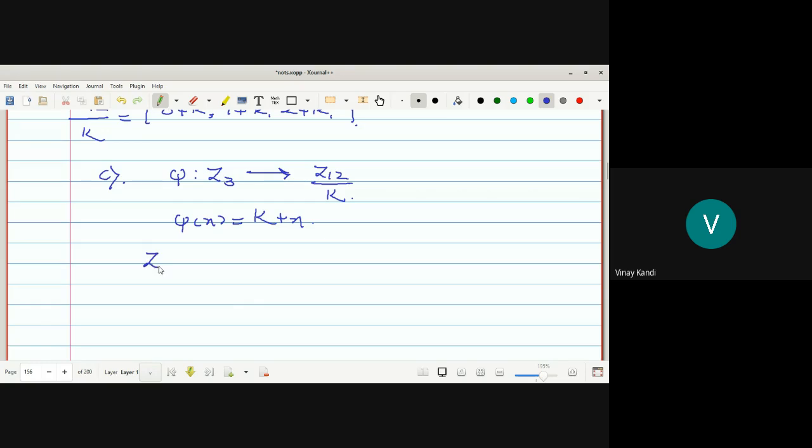Okay, what is Z3? Z3 is equal to 0, 1, 2. Okay, what is Z12 upon K? As found, 0 plus K, or we can write K plus 0, K plus 1 and K plus 2. How will this map? Phi of 0 is equal to K plus 0. Phi of 1 is equal to K plus 1.